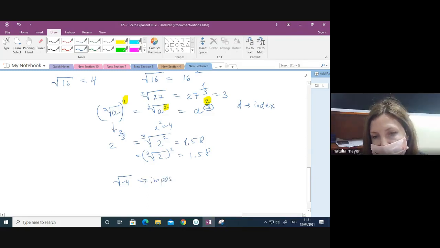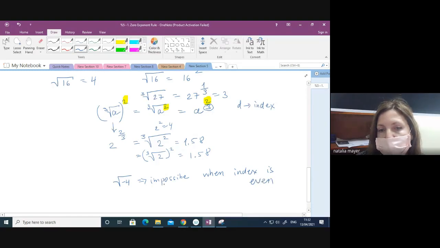So the idea is when the index is even, the number under the root cannot be negative. The number under the root can't be negative.